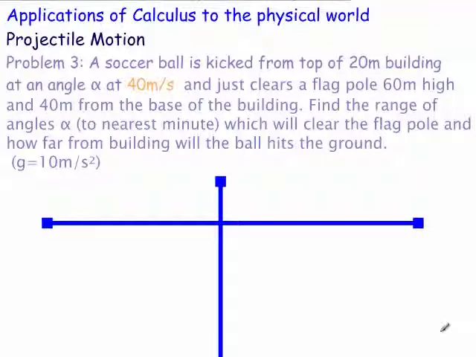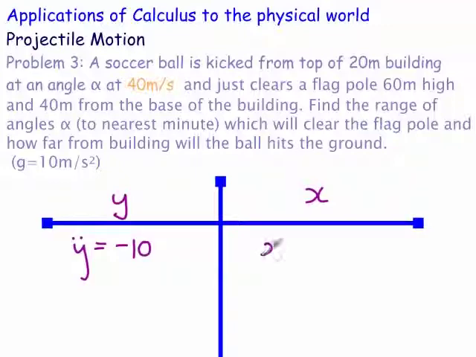So the first thing is, as before, we always set this up. We know that y double dot is equal to minus 10, and x double dot equals 0.